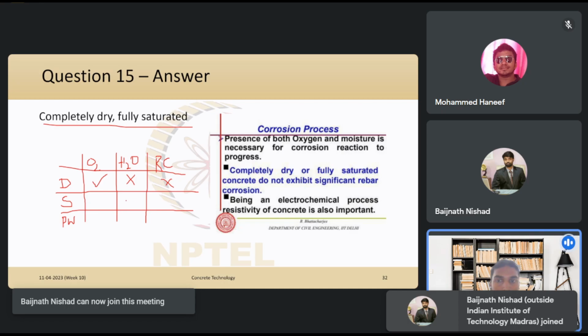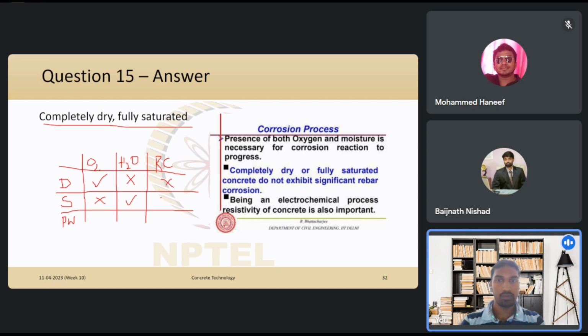In that case, you will have moisture in plenty, but you will not have oxygen. So in that case also, it is not conducive to corrosion occurring. When it is partially wet, it's not completely dry, in the in-between case, you will have both oxygen as well as moisture, and therefore corrosion will occur. So in these two conditions, completely dry and fully saturated, we will not have significant corrosion occurring. Right. So those are the correct ones.